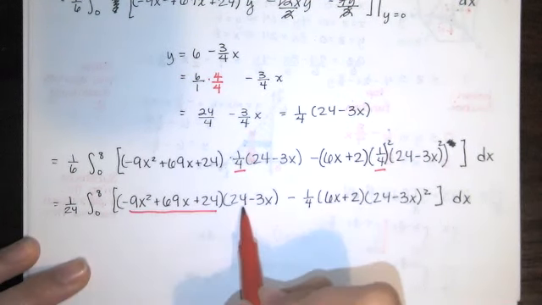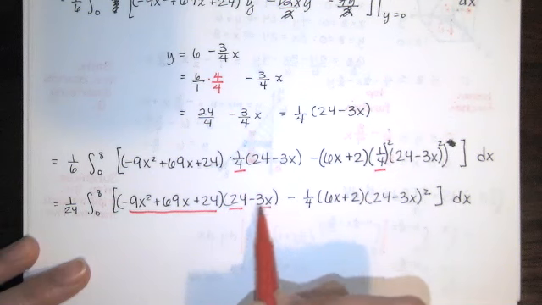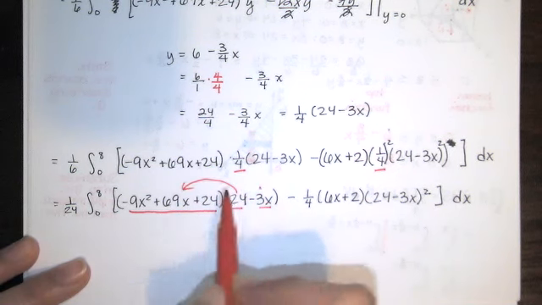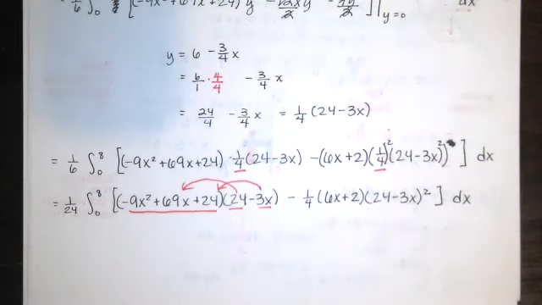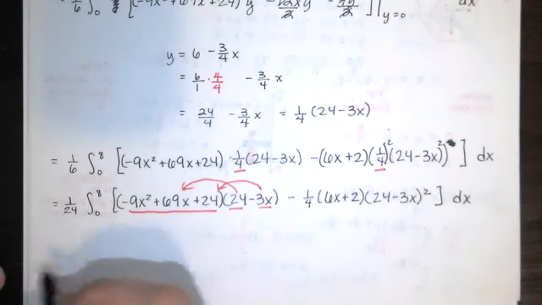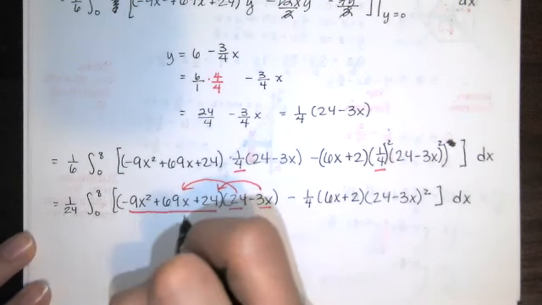I've got this trinomial times 24 minus 3x. And remember how you do that. You just take the trinomial and multiply by 24 and take the trinomial and multiply by negative 3x and see what you get. So I'm going to simplify just this part first.